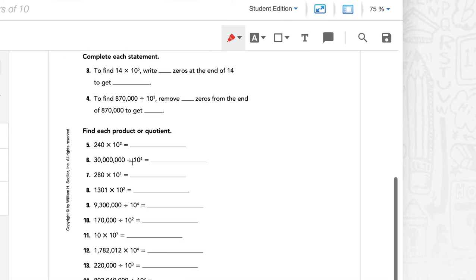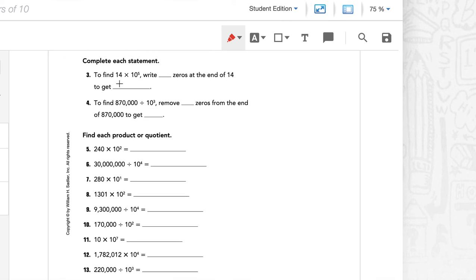All right, complete each statement. To find 14 times 10 to the 5th power, we're going to write how many zeros at the end of the 14? That's right, we're going to write 5. This is the amount of zeros that are going to get tacked on the end of 14. And what standard form number would that get me if I wrote it out and stretched it out?